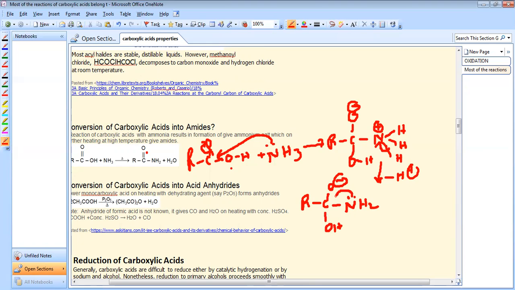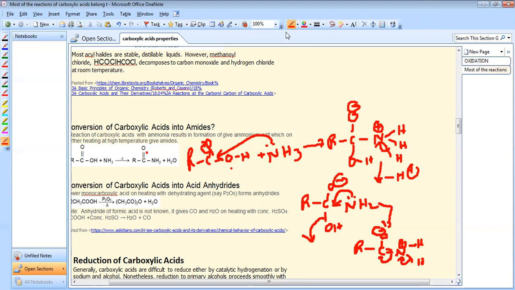Again, it will donate one of the lone pairs of electrons, and that facilitates the releasing of OH. Due to that, we get R C with O minus and a double bond, and again it will get a positive charge, NH2.